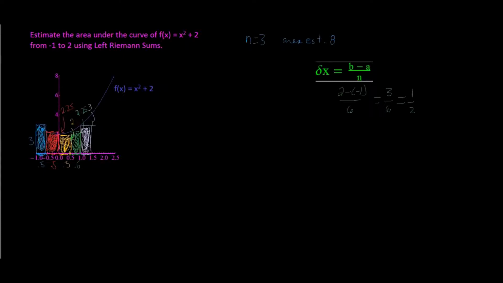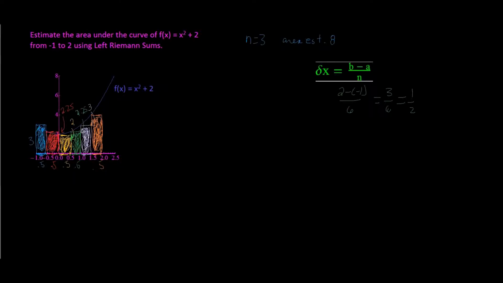And then one final rectangle. We have a width of 0.5, function evaluated here for the height. So this guy here is our rectangle.